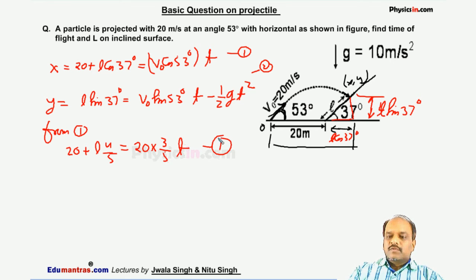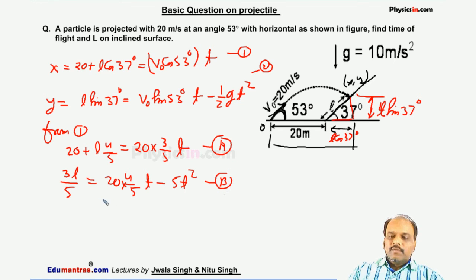This is our first equation, let this be A. If we put the values here, L into sin 37 means 3 by 5, that is equal to v naught means 20 into sin 53 means 4 by 5 into t minus half g t square means 5t square. This is our second expression B.